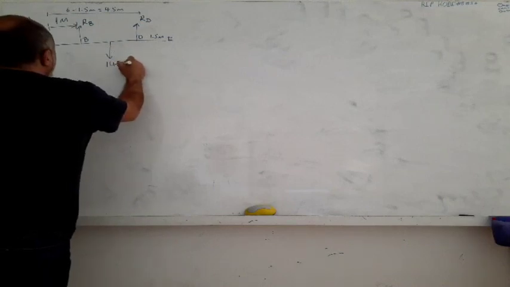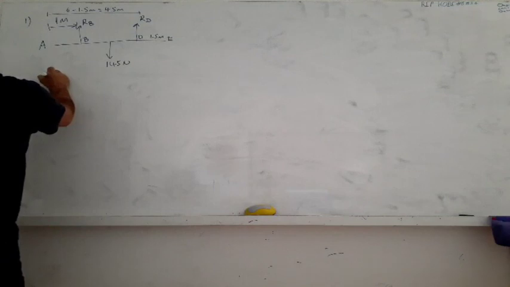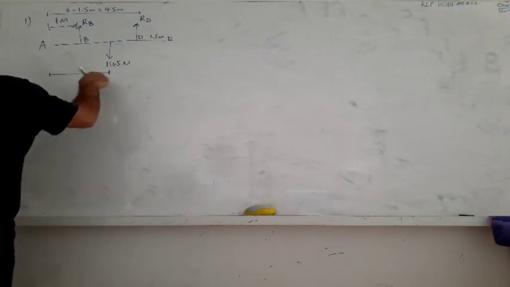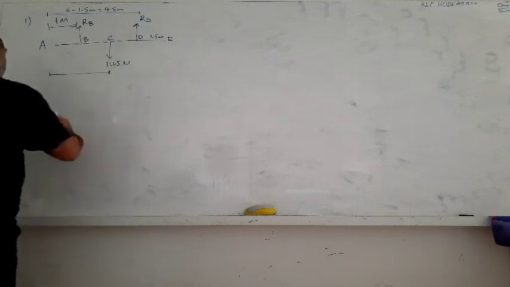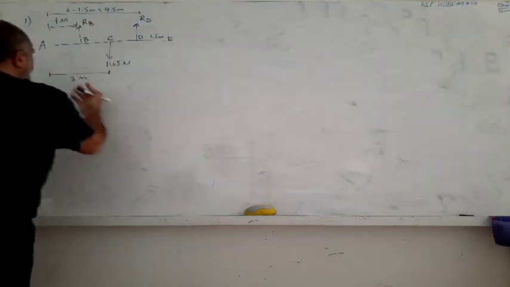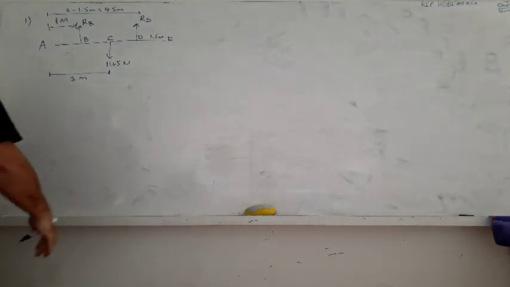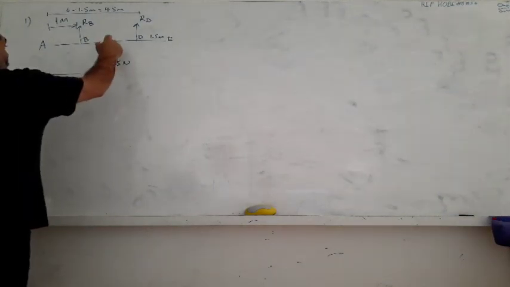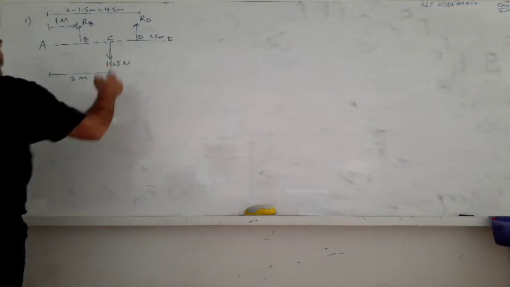Because it is at the midpoint, the distance from A to C is 3 meters. The midpoint of 6 meters is 3 meters. The child is modeled as a particle and the plank as a uniform rod. So if it's uniform, we have another force here, the weight of the rod, which is 100 newtons.